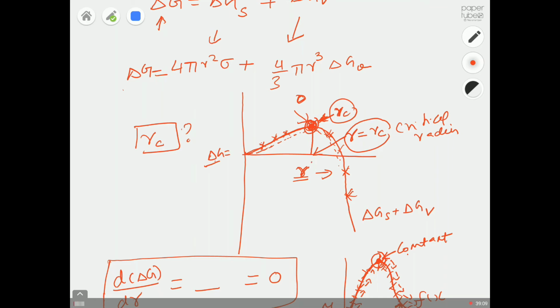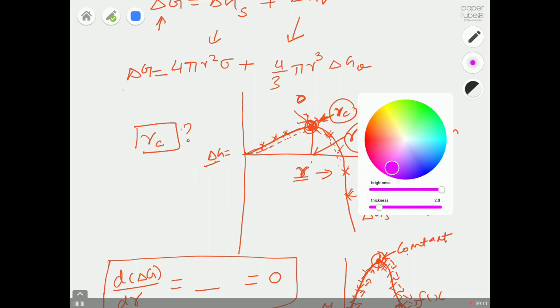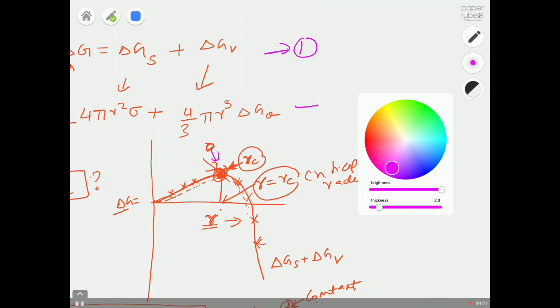So just follow the pink line. That's why we are going to differentiate this equation with respect to R. I hope you managed to follow this explanation. So let's give some equation numbers. This is 1, this is 2.